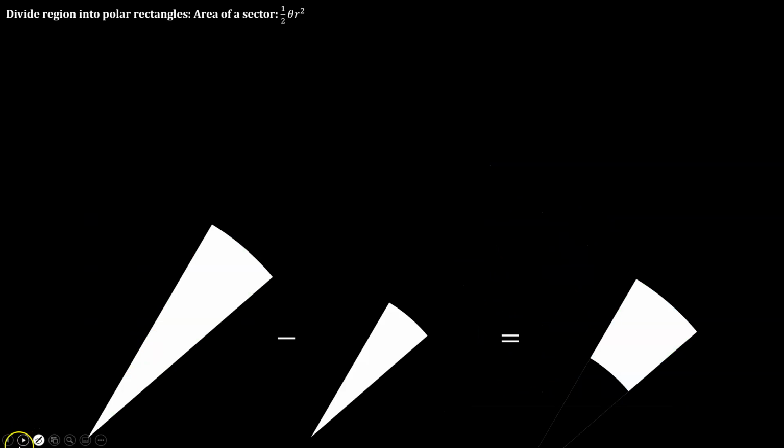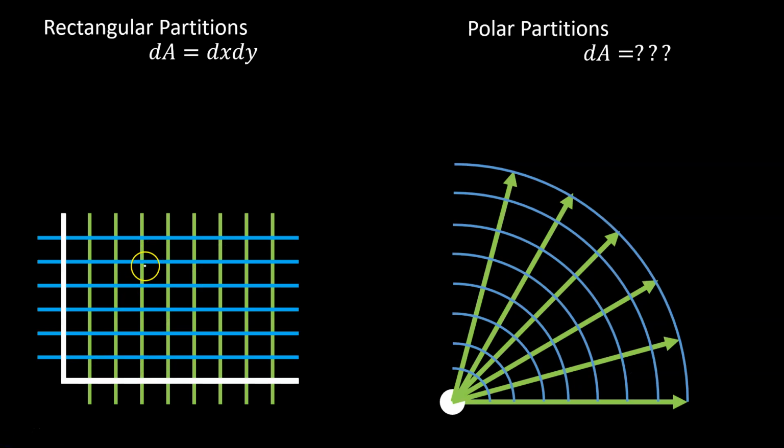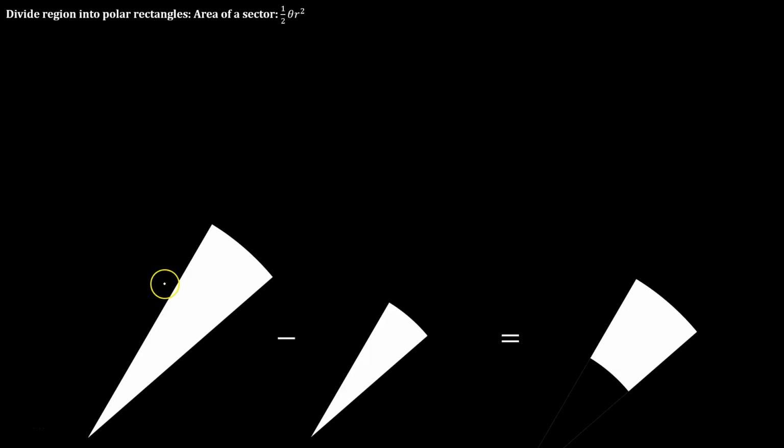So if that dA area came from multiplying length times width for the area of a rectangle, we need to come up with the area for a polar rectangle using our delta radius and delta theta. The way we're going to do this is by breaking down a sector. So if we start off with a large sector and then we remove a smaller portion of that sector, it's the polar rectangle that we're looking for that's left behind.